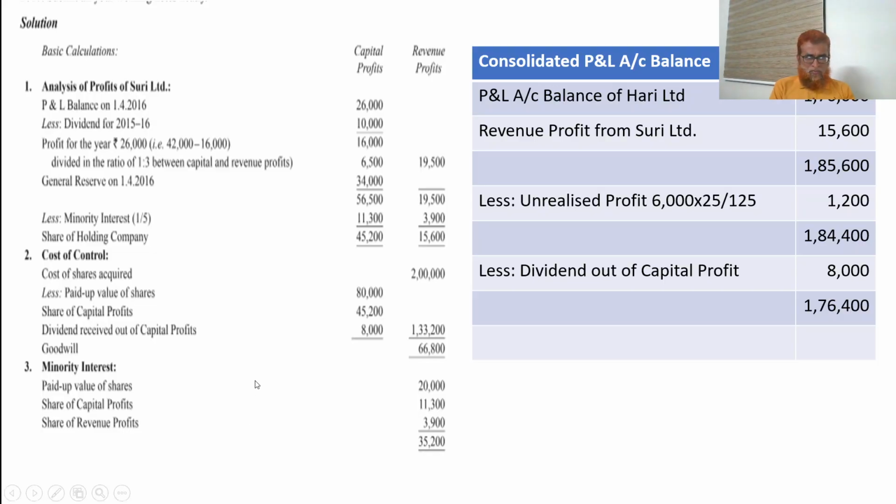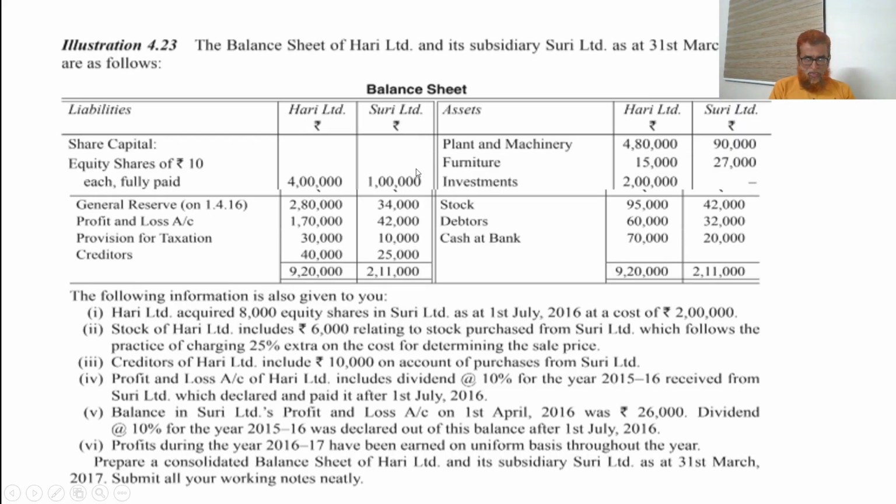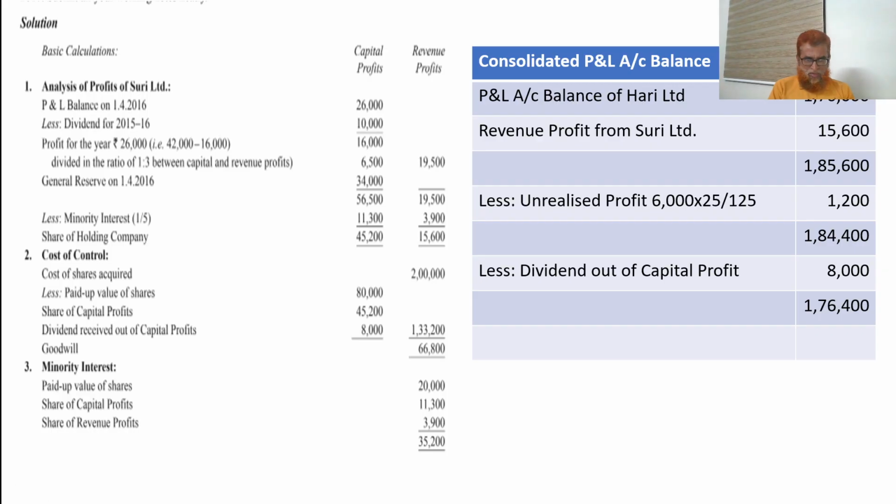Okay. Now minority interest. Minority interest, paid up value of the share. So 1 lakh into 1/5. Okay. 1 lakh into 1/5 means this is 1 lakh equity share, 1 lakh into minority share 1/5. So that is 20,000. Then 11,300.